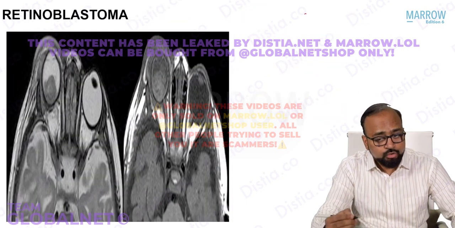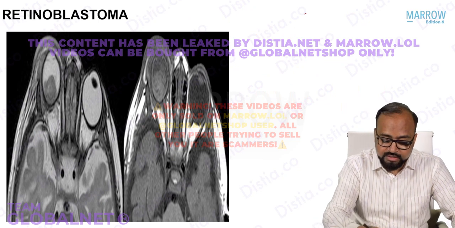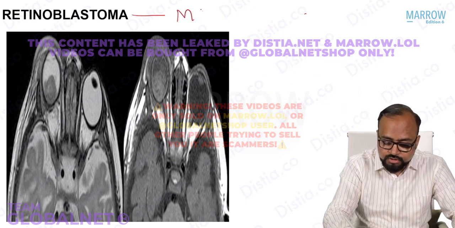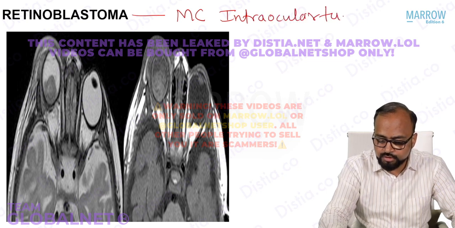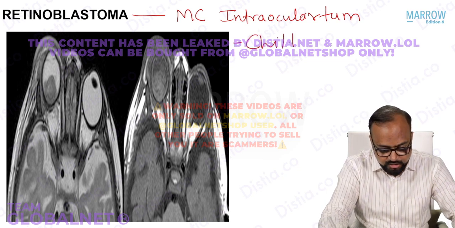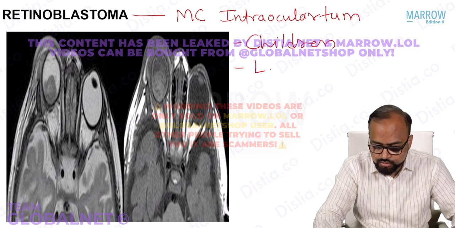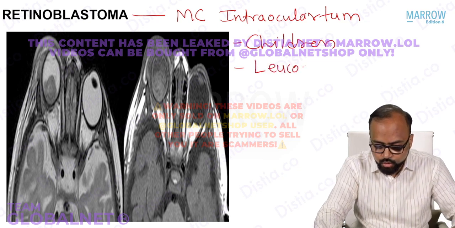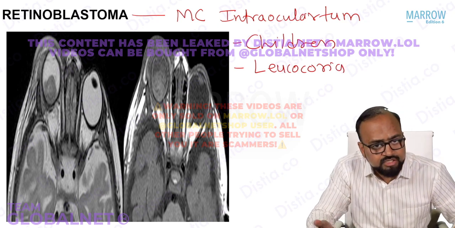If you see a tumor within the orbit, within the eyeball, it is retinoblastoma, which is the most common intraocular tumor. It affects children. A child usually presents with the white ocular reflex, which is called leukocoria.